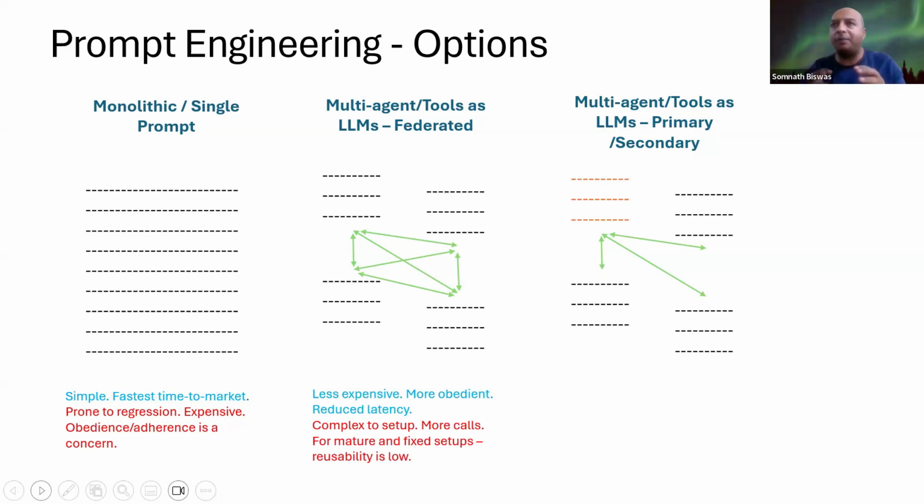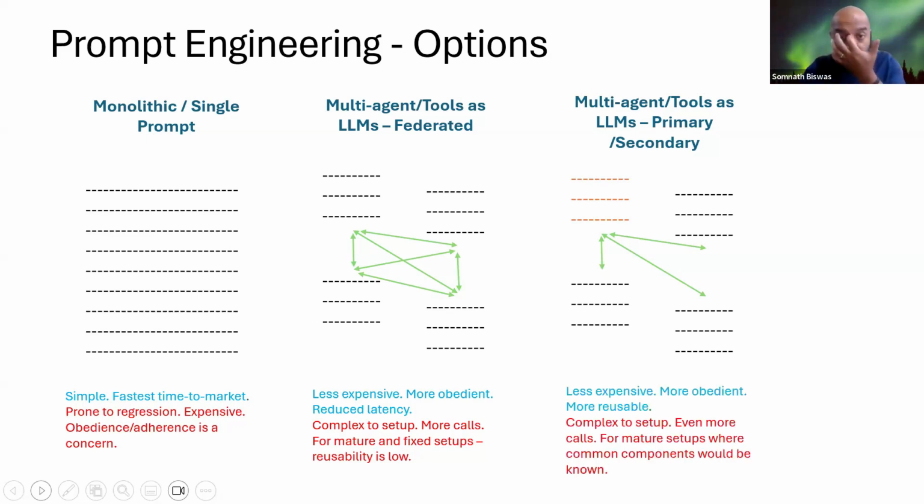Because now every time it's only a very focused prompt that goes in. Because it's focused, it's quicker, uses fewer tokens, and the adherence is higher as well. But because multiple interactions are happening, the number of calls goes up. And as I said, this is only true if you have a mature setup, if you know the various agents that you would need, that's when you build it. Again, the same thinking as a microservices setup. You only go for it once you have a mature setup available, or you know what needs to be done.